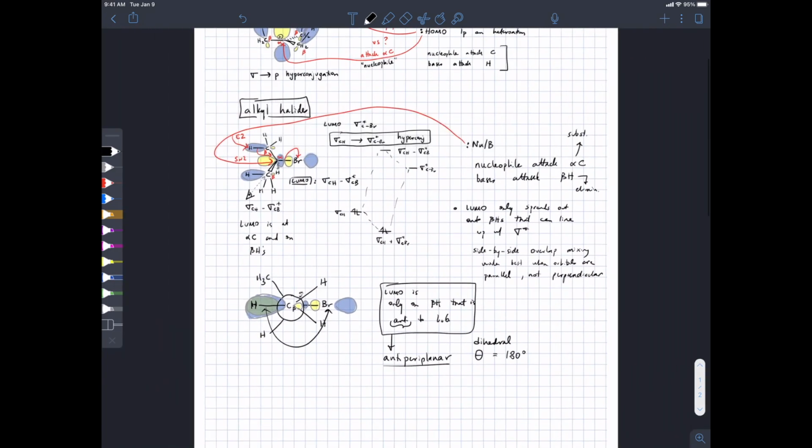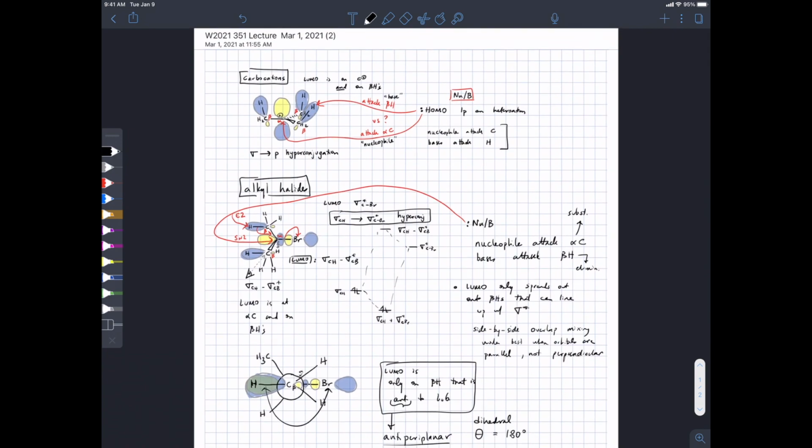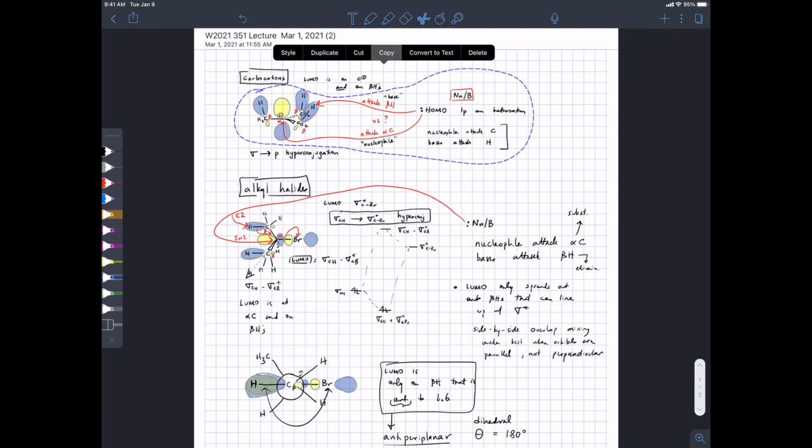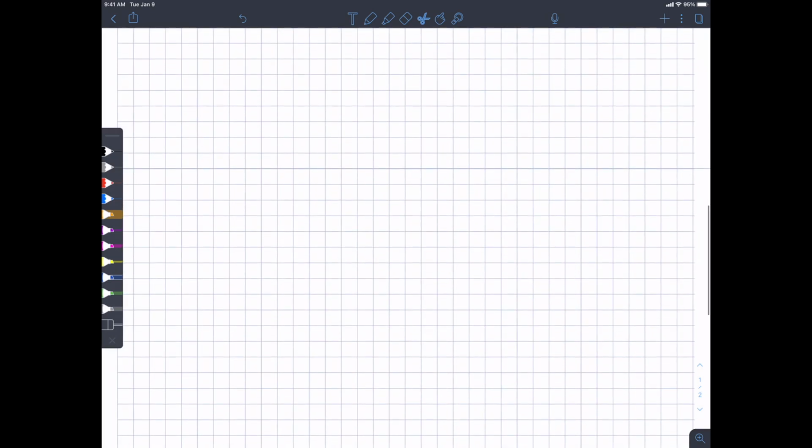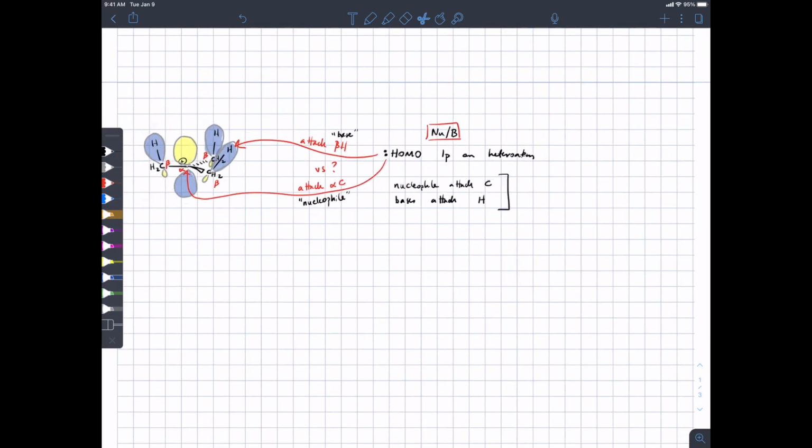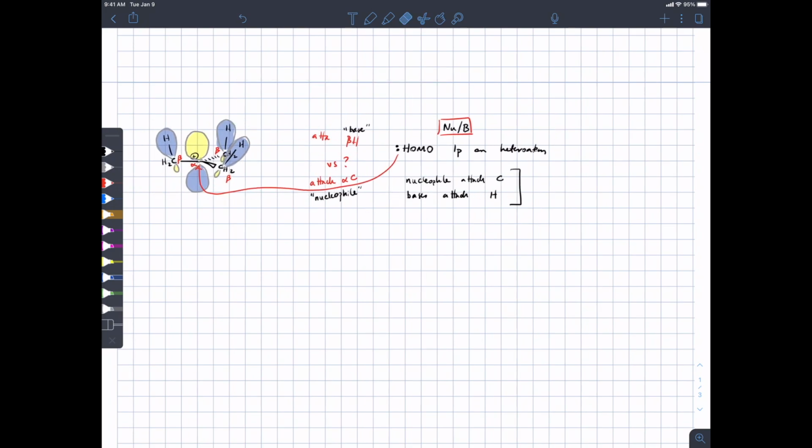So let's just show you what the consequences are for attack at the beta proton versus attack at the alpha carbon. And let's start with the carbocation. I'm going to copy some of this and then erase it. So, reaction consequences.